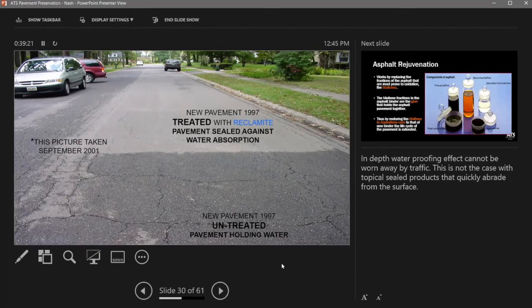So effectiveness as far as the actual treatment goes, you can see the damage between the untreated and the treated with the reclamite is much, much different. So you're looking at a treatment that's very cost effective, very quick to use, and something that is worthwhile and an investment, so you do not have to try to address it with a higher budget down the road.